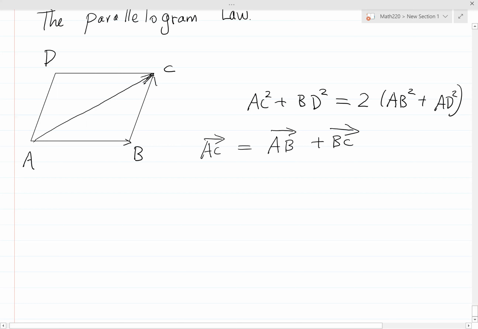Now, similarly, BD is the vector BA plus AD.